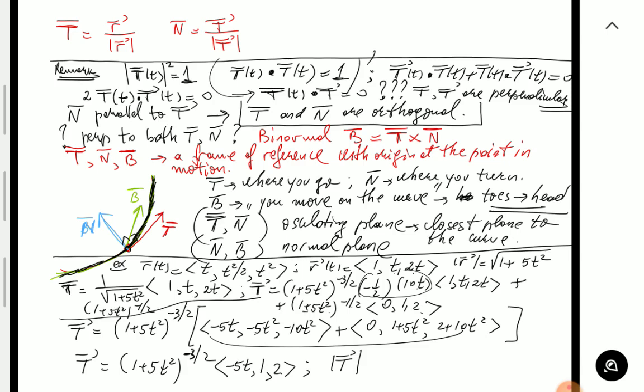Because, for example, the magnitude of a scalar product is the scalar out, 1 plus 5t squared to the minus 3 halves, times the magnitude of the remaining vector, which in this case is the square root of 25t squared plus 1 plus 4, which is plus 5. We're going to simplify this further on the second page, so stay tuned.